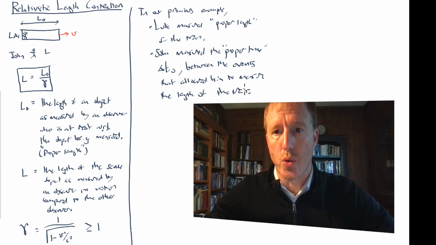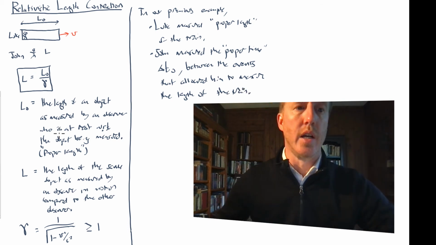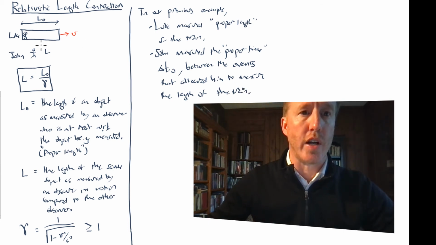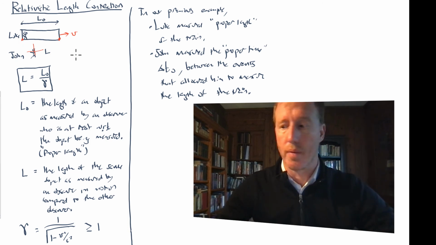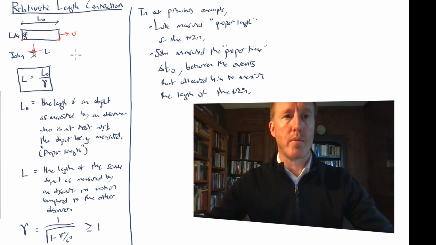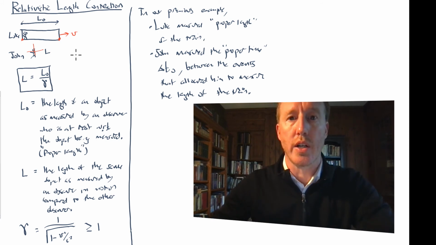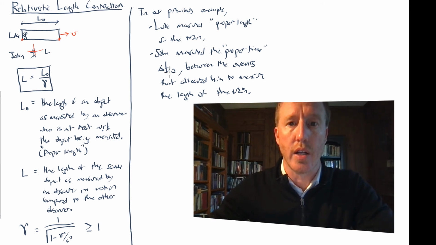Right? Think about the two events that allowed him to measure the length of the train. It was the moment at which the front of the train passed him. That would be event 1, and it would be happening right here in his coordinate system. And event 2 would be when the back of the train passes him. Those two events are happening at the same spatial location according to John, so he measures delta t naught, or the proper time. And from that, he was able to measure the length of the train.